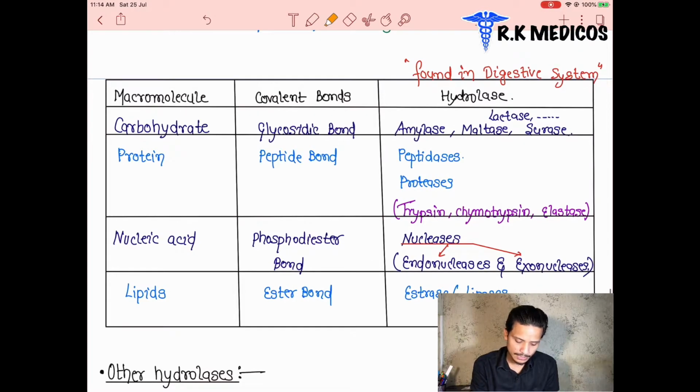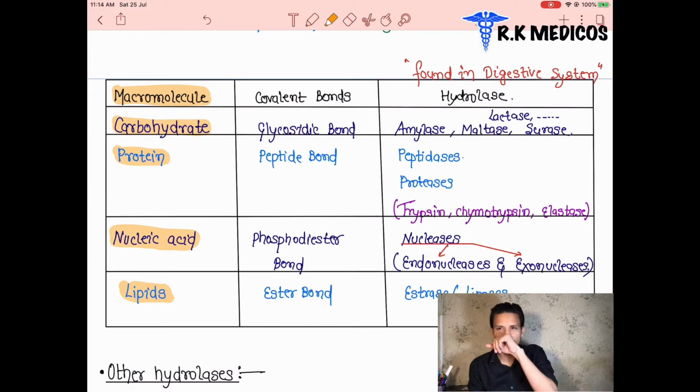First we can see the macromolecules. What are the macromolecules? We know that carbohydrates, proteins, nucleic acids and lipids are all macromolecules, and they are our food sources. In the carbohydrates there is a covalent bond.